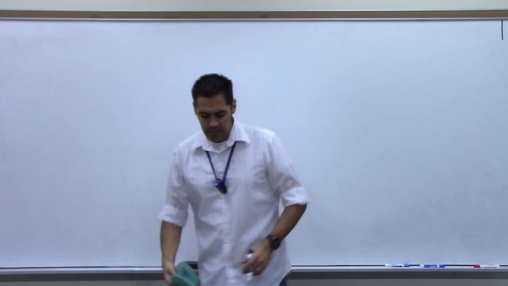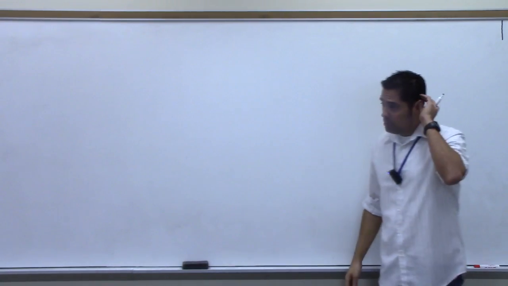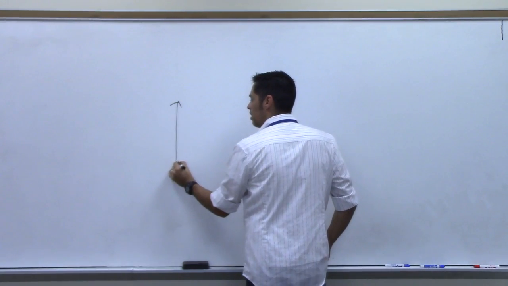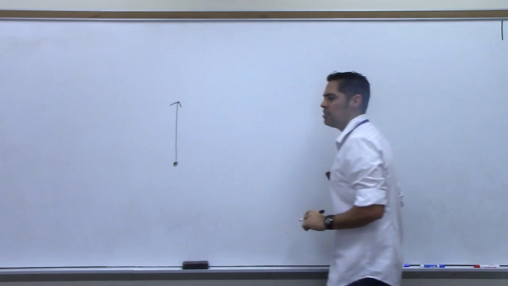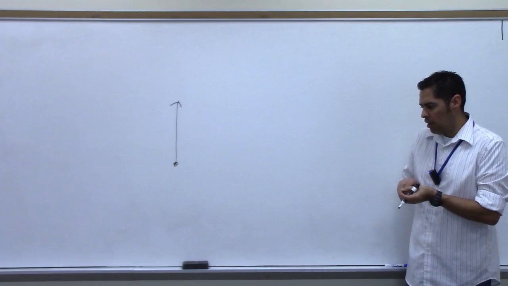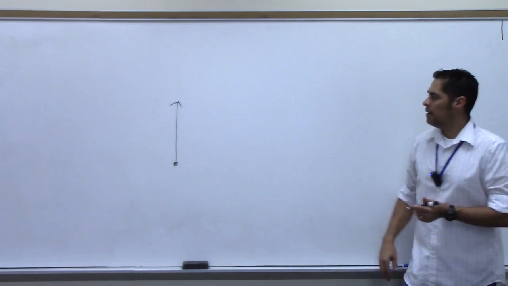And in Cal 1, I hope that you were shown that if you have an object moving in a straight line, usually we'll look at this as like two-dimensional or one-dimensional, where it's just like a car going down a track or something like that.